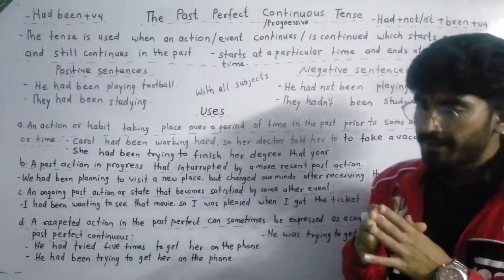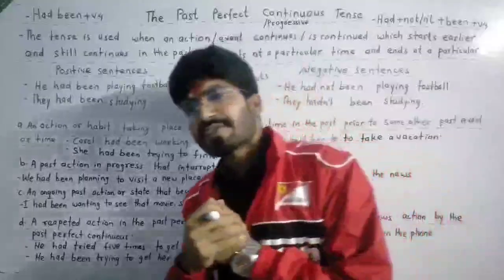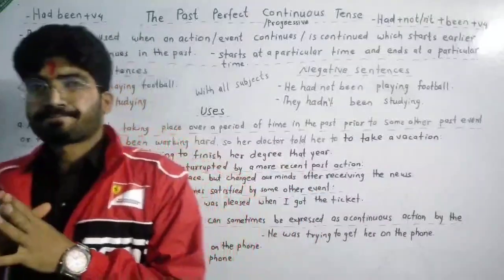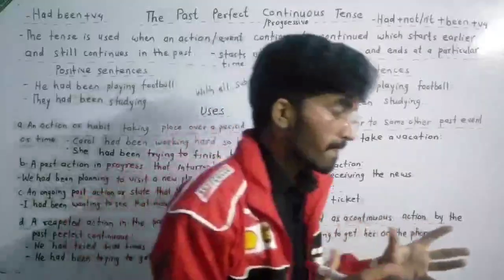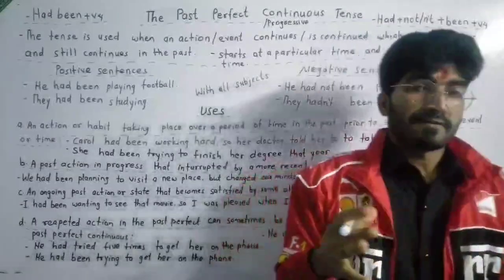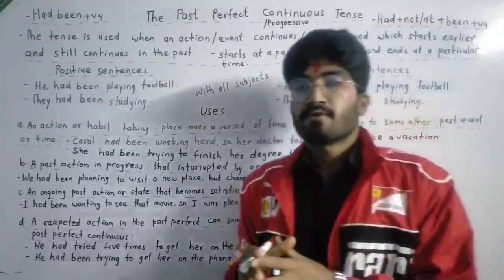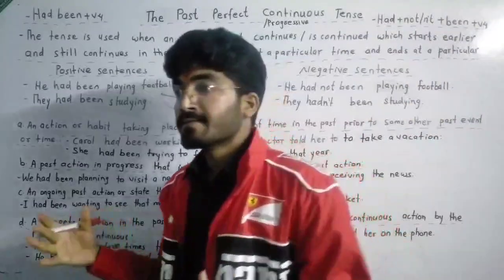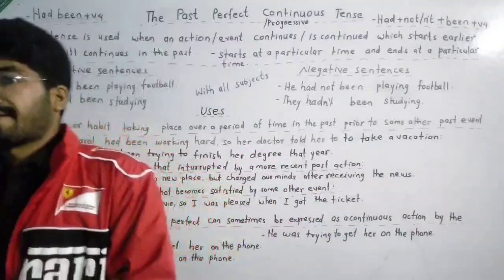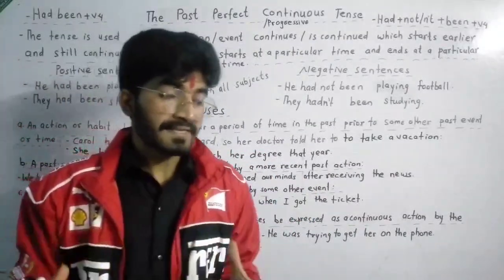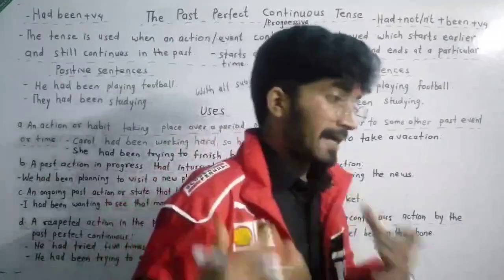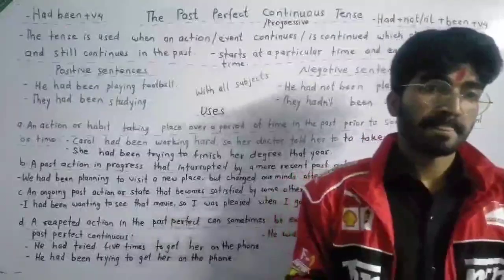Talking about its structure, we can use had been plus verb form, or subject plus had been plus verb form plus other words. While forming positive sentences, we can use had been plus verb form.